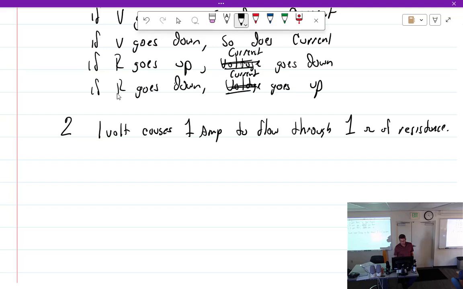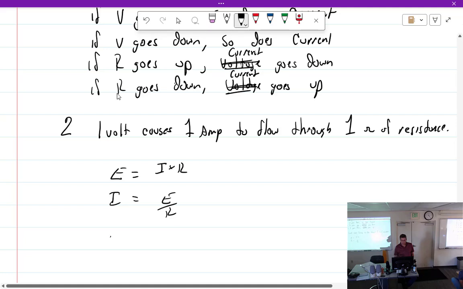Which is to say, E equals I times R, or I equals E divided by R, or R equals E divided by I.